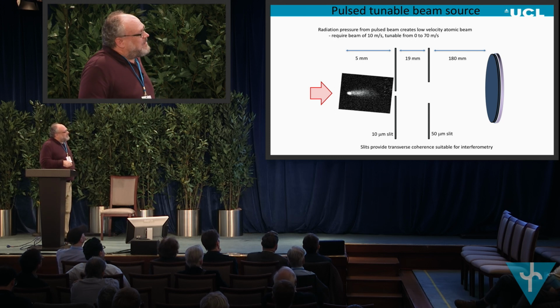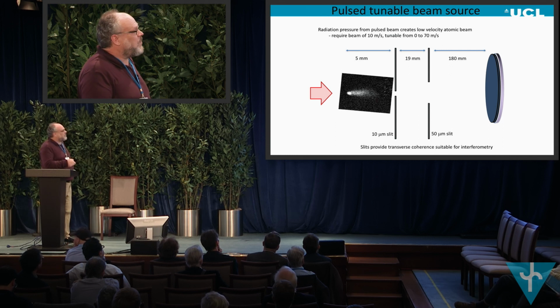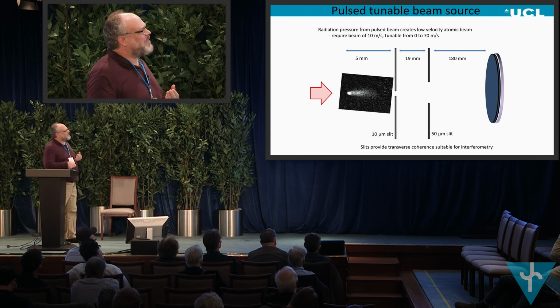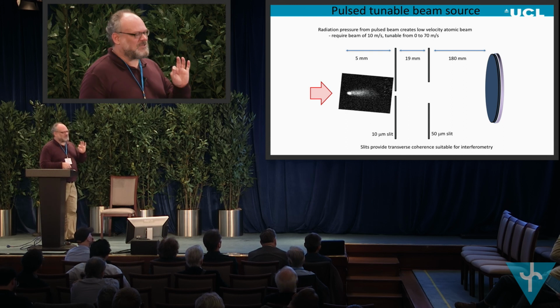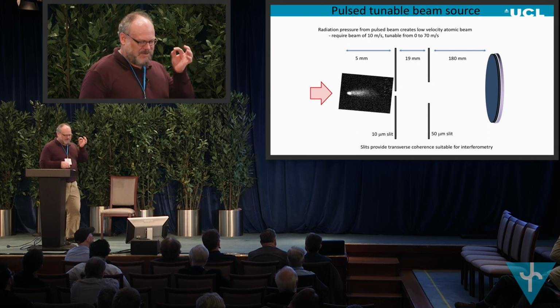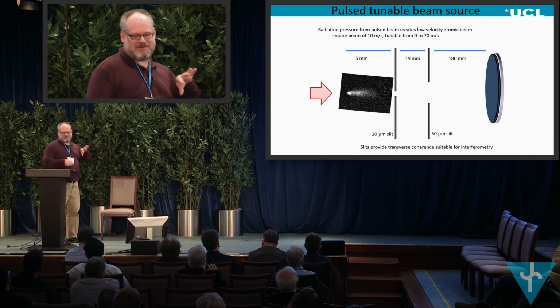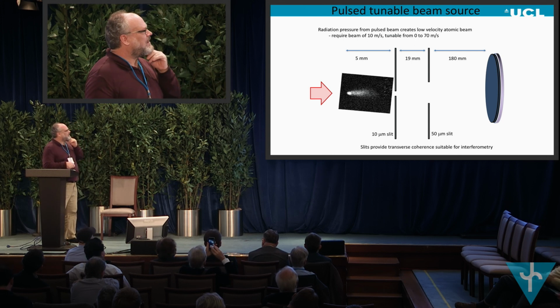So what we decided to do, and this turned out to be good also for the weak stage, is that we need to get particles here so that we can see them for interferometry reasons, but we also need the particles to not be too slow traveling through the weak stage. Otherwise, the magnetic field that we require is comparable to Earth's magnetic field, and it's not a position that you want to be in.